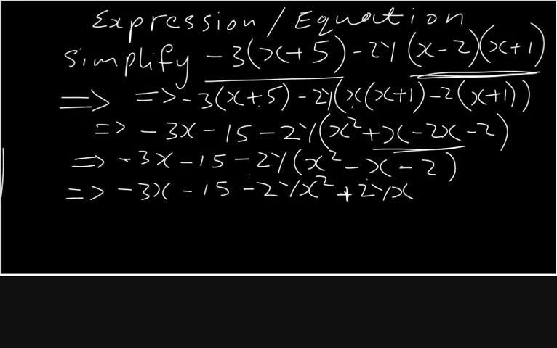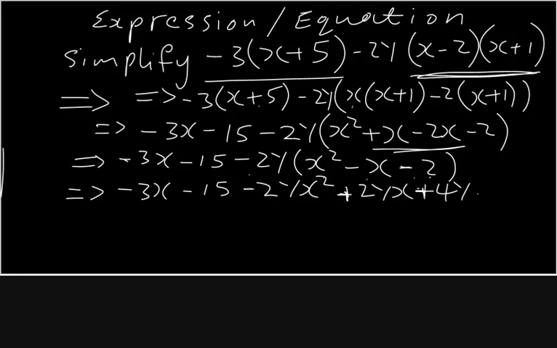Very important. It's minus times minus. Minus 2 times minus 1 is plus 2. Y times x is yx. Simple. So now I have minus 2y times minus 2 going to give us plus 4y. See it. We are moving.